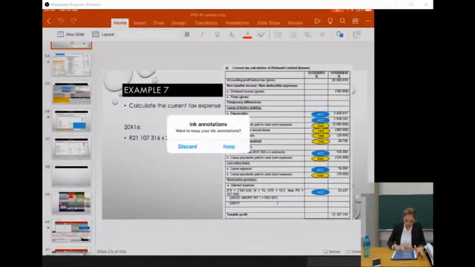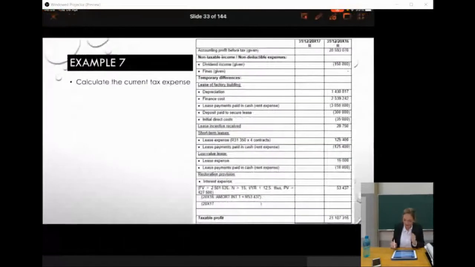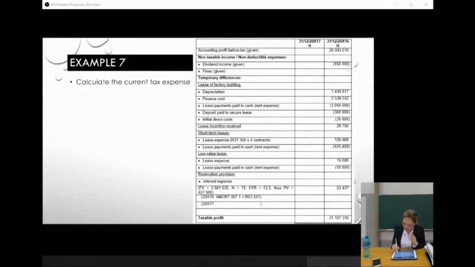Are you suggesting that between the finance cost and the actual lease payment, we calculate a net amount and put that in as a deduction? You can do that, just put in the net amount.